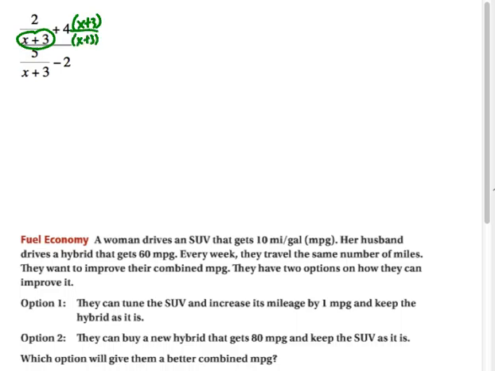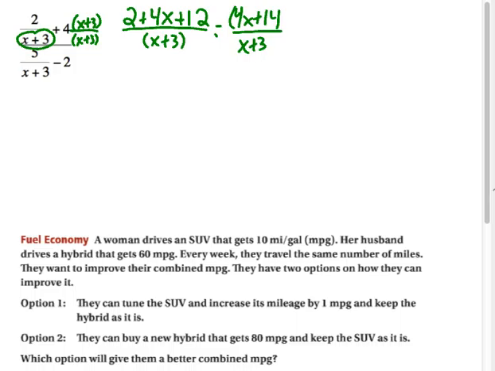So on top, what that's going to give me is 2 plus 4x plus 12 over that common denominator. Or to put it a little bit nicer, 4x plus 14 over that x plus 3.